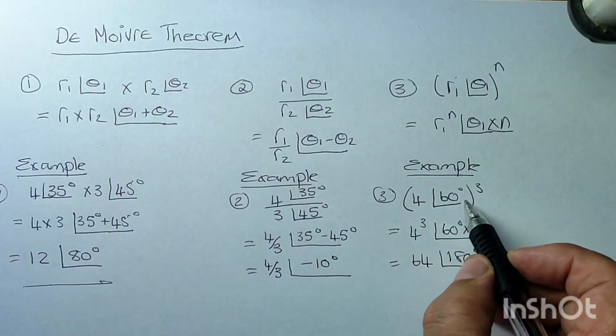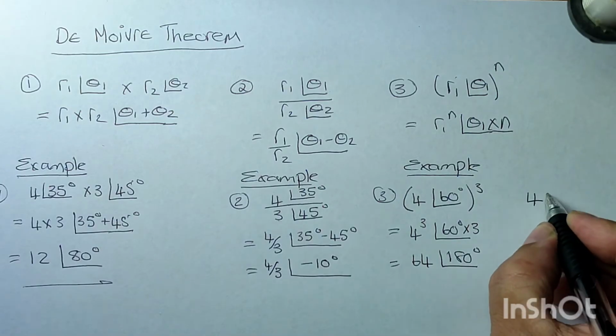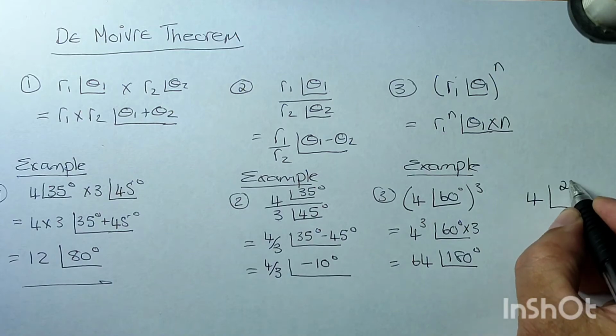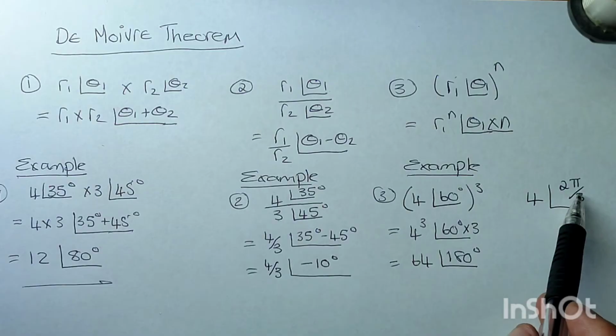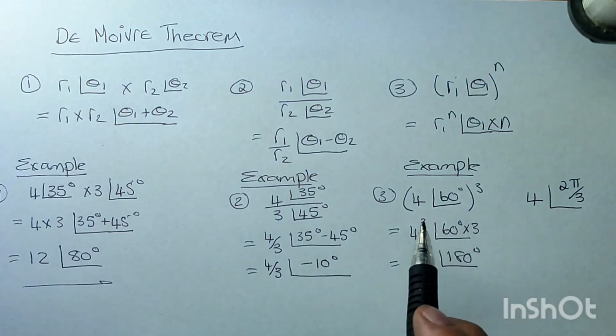They can give you the angle in terms of radians. So if this was, for example, 4 with an angle of 2 pi over 3, this will be in radians, and you'll have to convert this back into degrees. Remember, degrees is the one with the little 0 there.